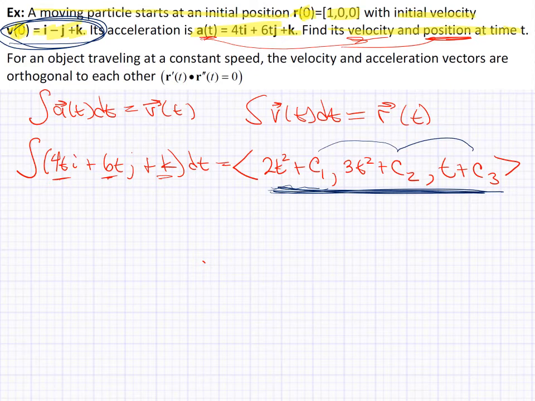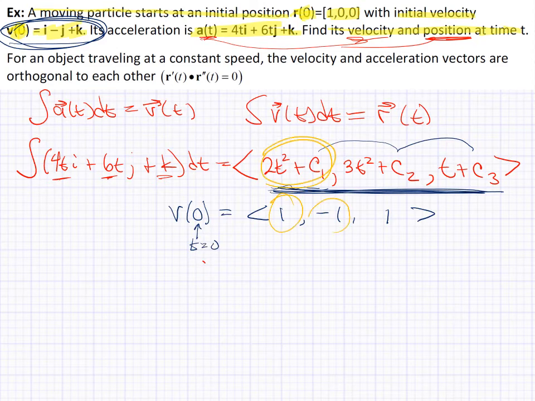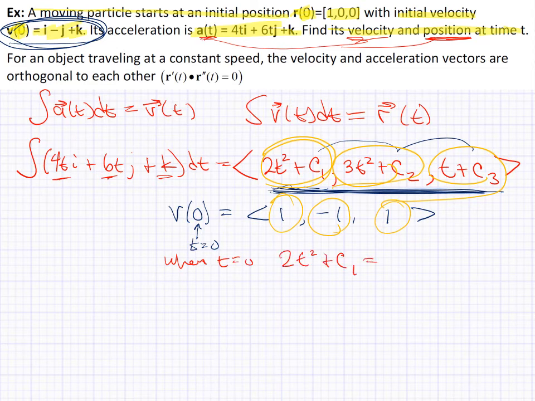Having v of 0 equal to i minus j plus k, it's essentially saying that v of 0 equals <1, -1, 1>. And so we know that at this specific time, when t equals 0, this is what the first component should be, this is what the second component should be, and this is what the third component should be. So when t equals 0, 2t squared plus c1 has to equal 1.